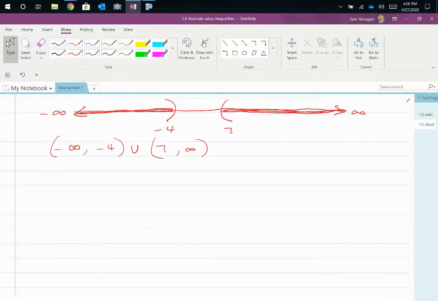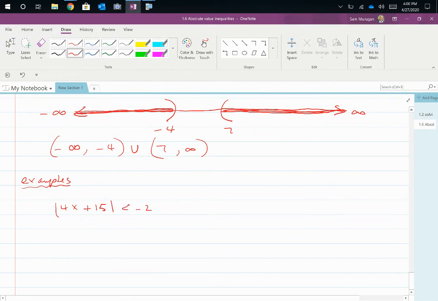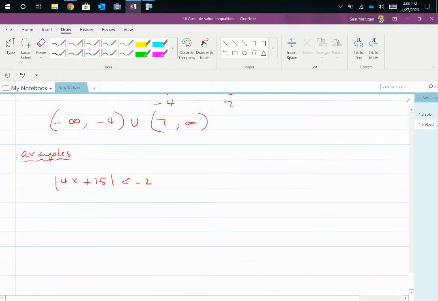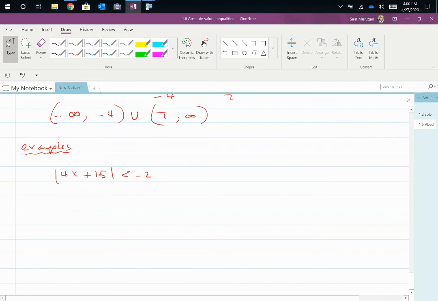So I just wanted to mention two quick examples in passing. One is, and this is FYI information, if I'm given absolute value of 4x plus 15 less than negative 2, now we know that absolute values are always positive or 0.